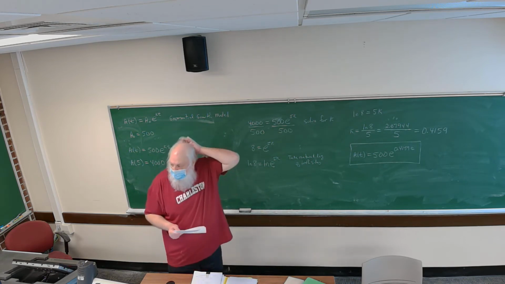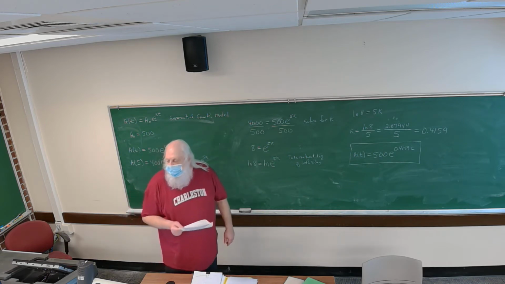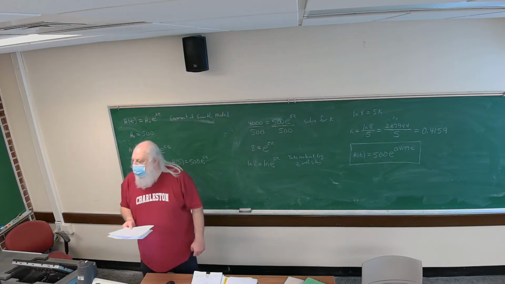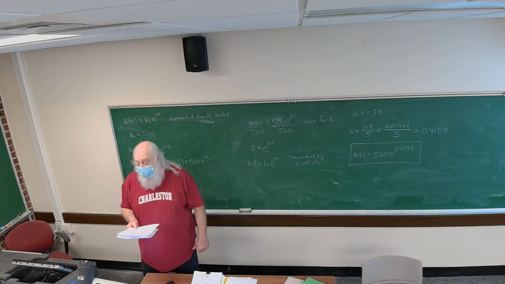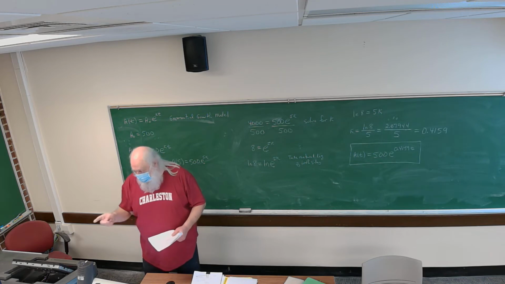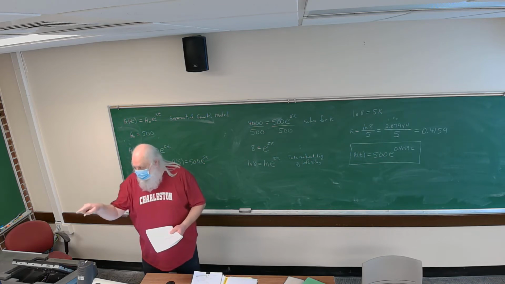Yes, sir. I'm assuming we have more problems like this. Would it be wrong to leave k as the natural log of 8 over 5, or is it going to want us to put it in decimal form when we submit it? No, well, for the problems that I picked, 5 of them you're going to be using your calculator. The 6th one is just what you said.